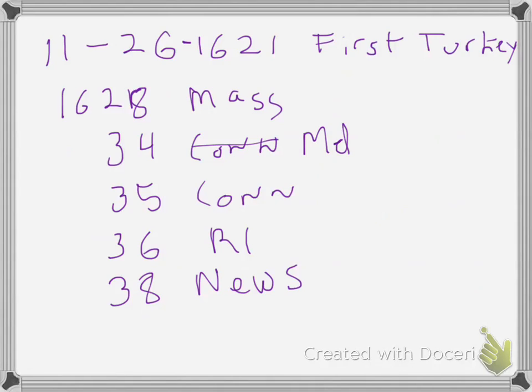Wow, there's an oddball. We didn't talk about that in class, but it's a really interesting one because obviously it was founded by Swedes. And that was the area of part of what is now New Jersey, Delaware, and Pennsylvania. At the same time in 38, Lord Delaware, a British nobleman, created Delaware.